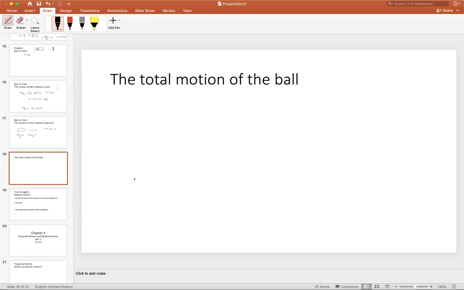If you were standing here on the ground and you wanted to know what the motion of the ball looks like if you were at rest in the frame of reference of the ground, you would have to have the ball versus the train plus the train versus the ground.